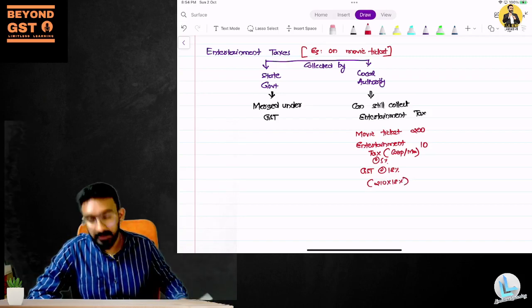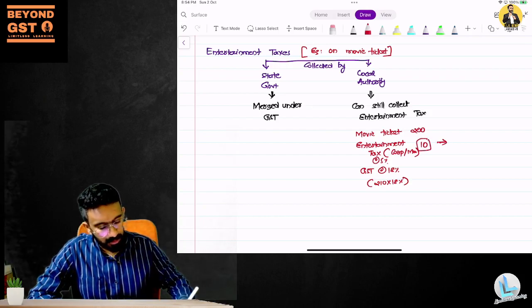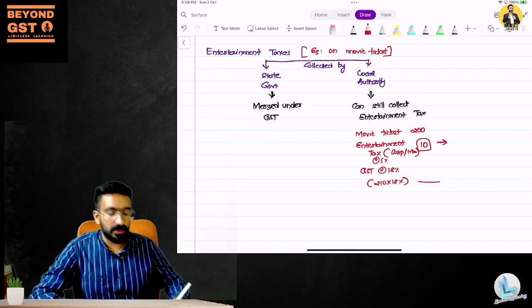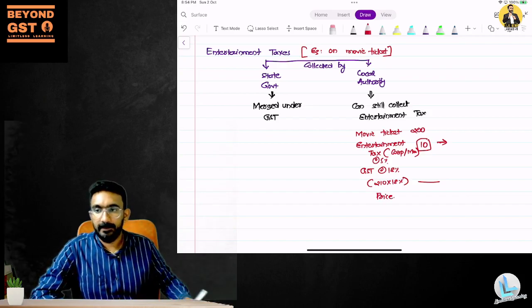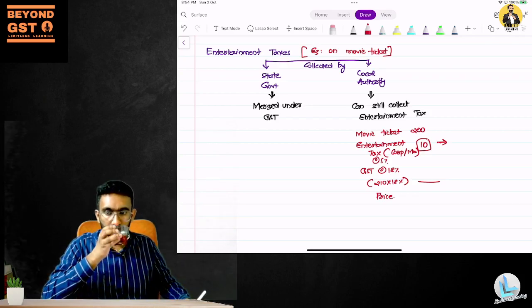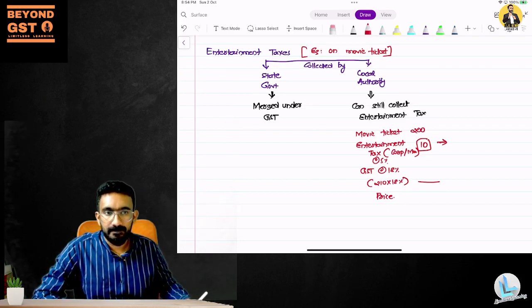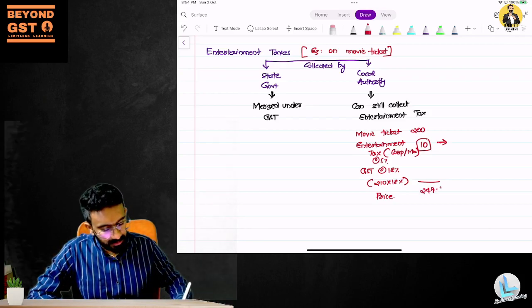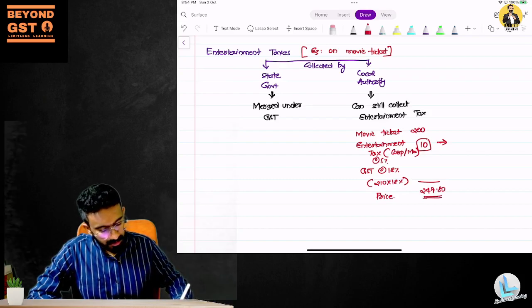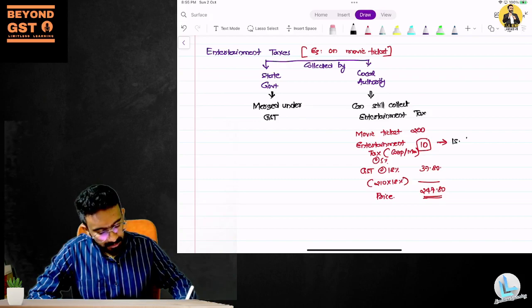It will be on 210, because this 10 rupees collected by local authority will also be collected from the customer. So how much will the customer have to pay? What is the price that the customer has to pay? 247 rupees 80 paise. So how much will this be? This is 37.8.